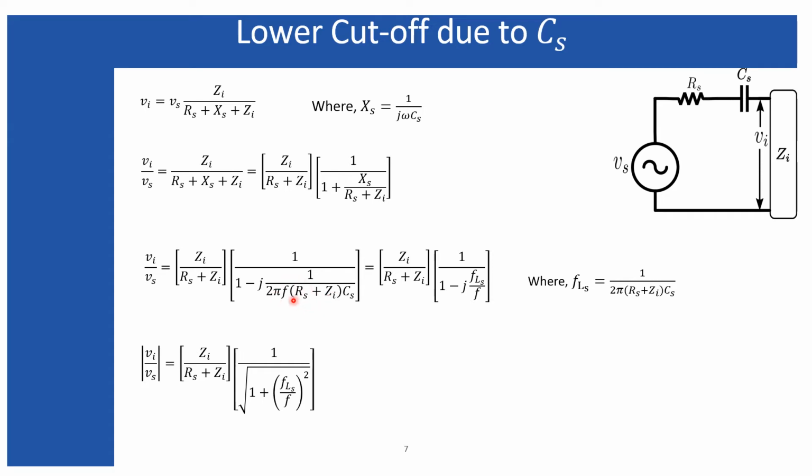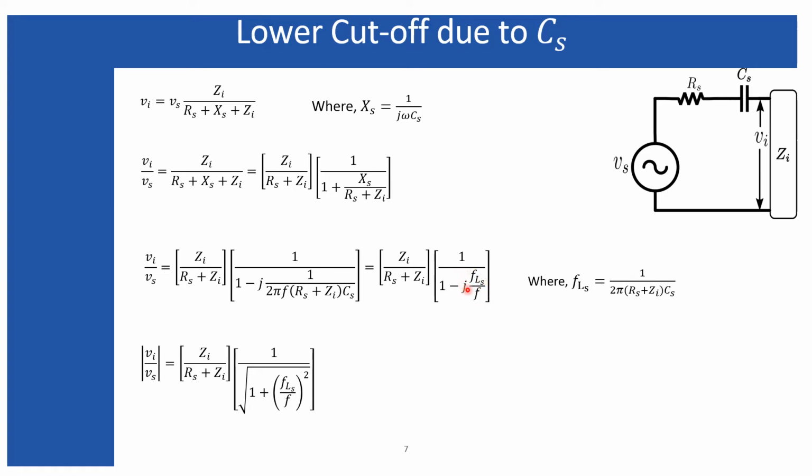So here, other than the f, all other terms I am clubbing together and naming them FLS. That is the lower cutoff frequency due to Cs, which is why S is appearing over here. You can confirm from this expression that this FLS, the cutoff frequency, appears over the variable frequency f.